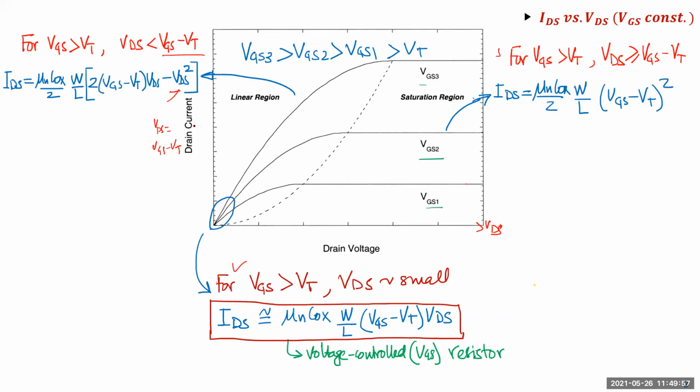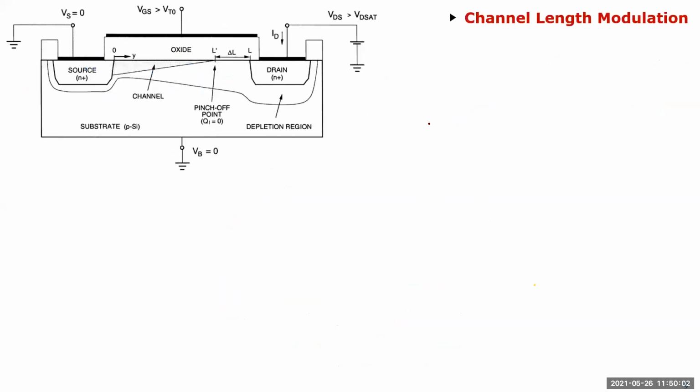Okay, now this is really not constant, so I'll show you the reasoning behind it, and then we'll add a term to the equation to finally complete the IV characteristics. As I said, when you pinch off the channel, and it's exaggerated here, the real channel length is the length of your charge, which I'm calling L dash here.